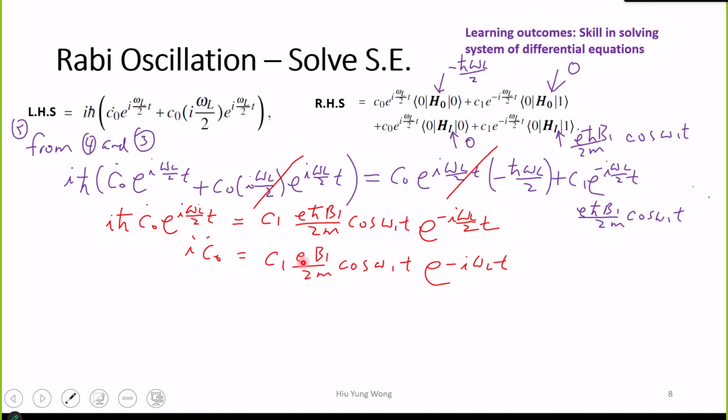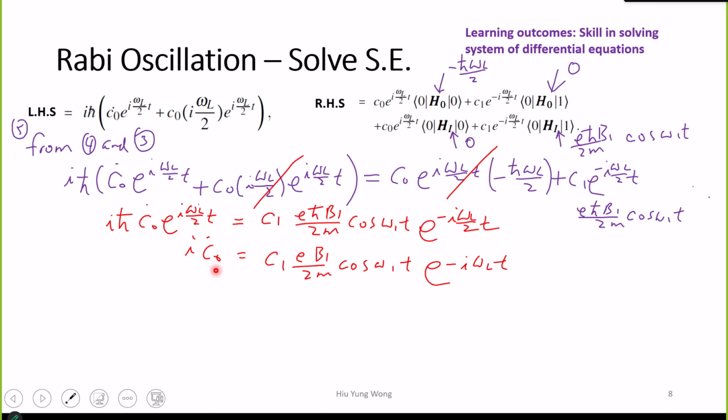If you didn't have this oscillating magnetic field, the rate of change of C0 is not going to depend on what you have in the one state. So there will be no oscillation. You will start seeing the oscillation now, right? Because if I have a large C1, it means my C0 will increase very fast. If I have a small C1, my C0 would not increase, right?